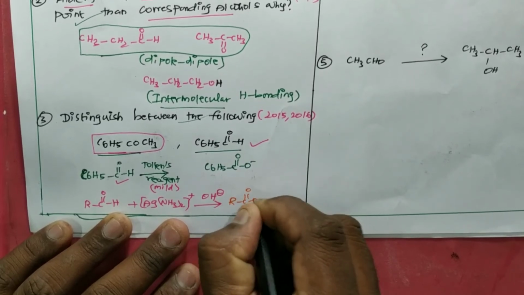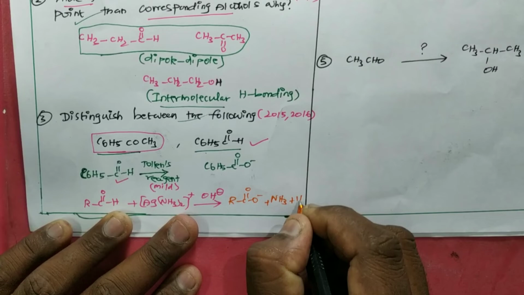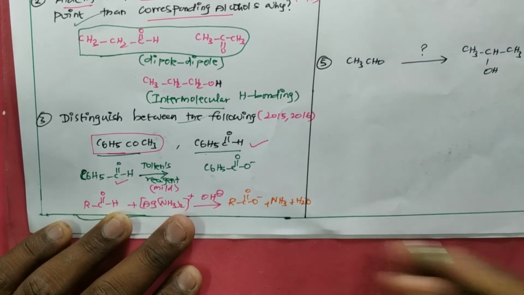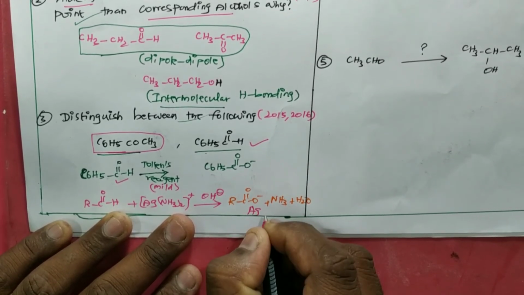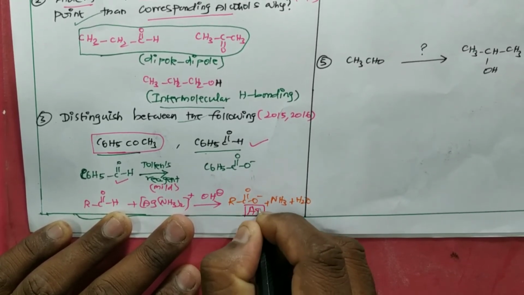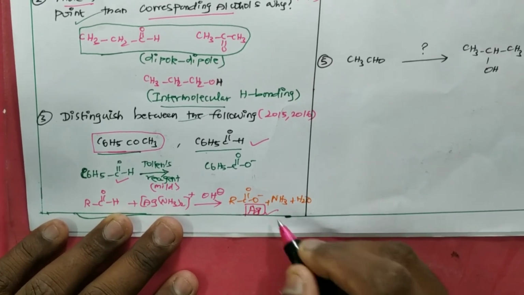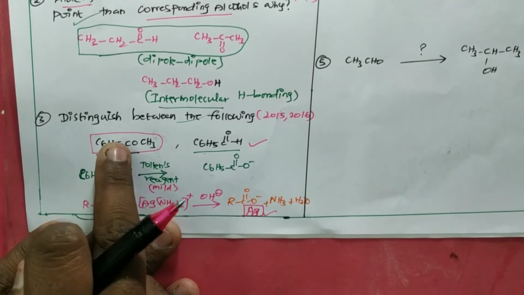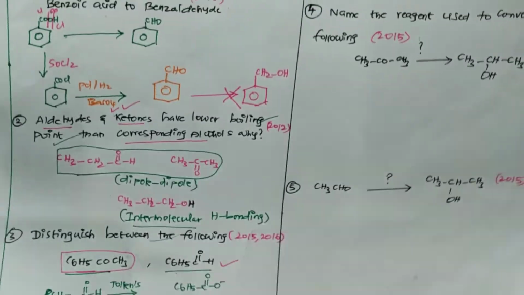RC double bond O-O minus, along with ammonia liberated and water eliminated, and the very important product I get here is Ag. It is the silver mirror test. So Ag, silver, I am getting; that is the silver mirror test. This is a good identification of aldehydes, but a ketone does not respond to this test. That is the test for aldehydes and ketones.